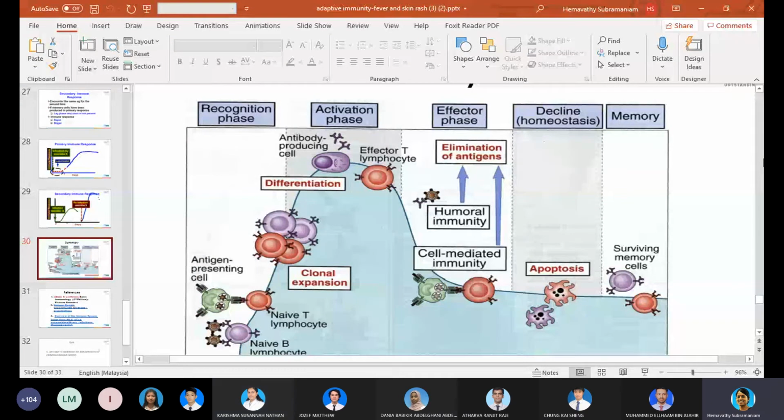Okay, that has been discussed in our slides as well. So, anything other than that you know of? What is the difference between MHC class 1 and MHC class 2?